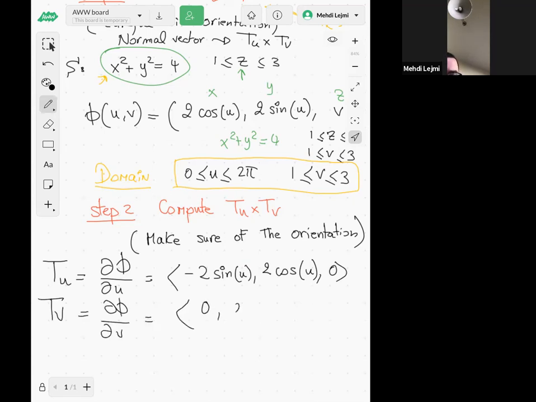That will be 0, 0, 1. You do T_u cross T_v. Guys, I guess you know how to do the cross product. That will be 2 cosine of u, 2 sine of u, and 0. All right.